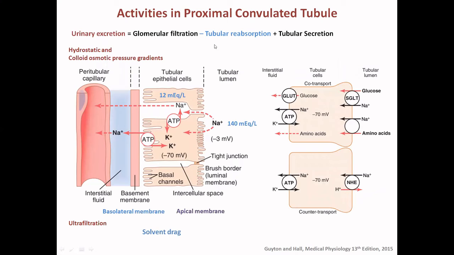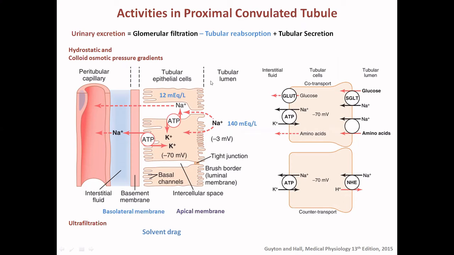So we know that whatever substance is present in the plasma, except the proteins, all of them are filtered into the Bowman capsule; that is called the glomerular filtrate. Urine excretion equals glomerular filtrate minus tubular reabsorption plus tubular secretion.